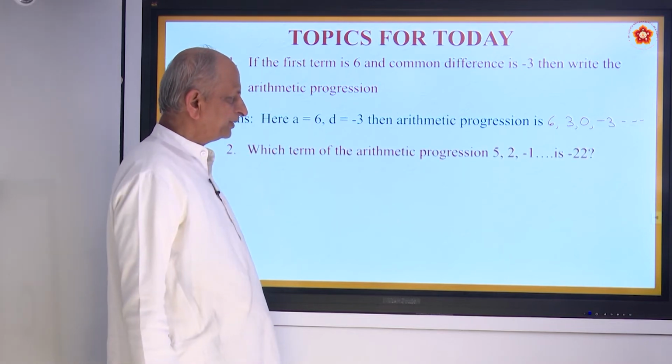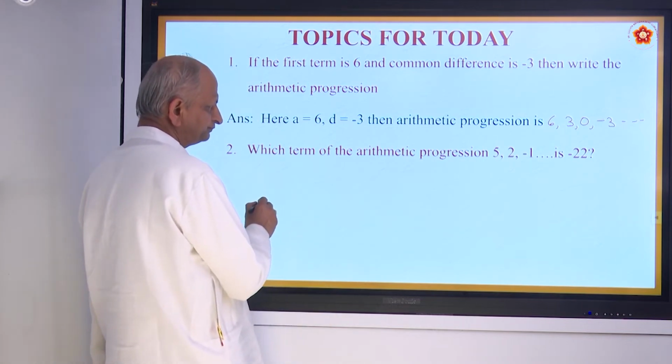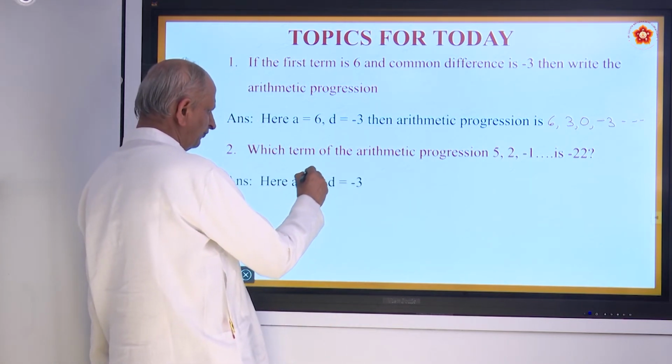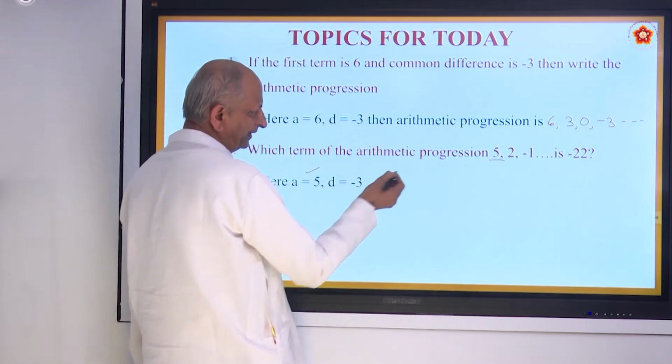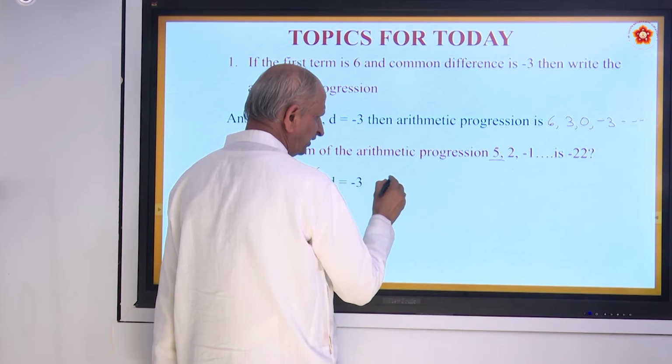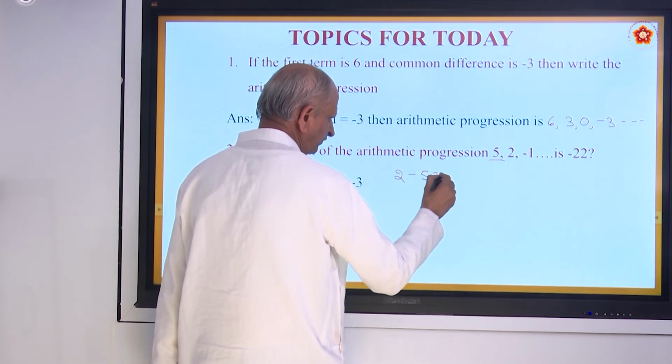Which term of arithmetic progression is minus 22? Here what is A? A is 5. First term is A, 5. Common difference is minus 3. How you got minus 3? 2 minus 5 is minus 3.